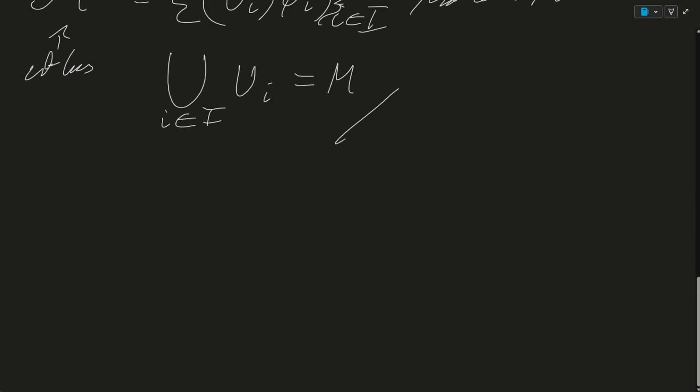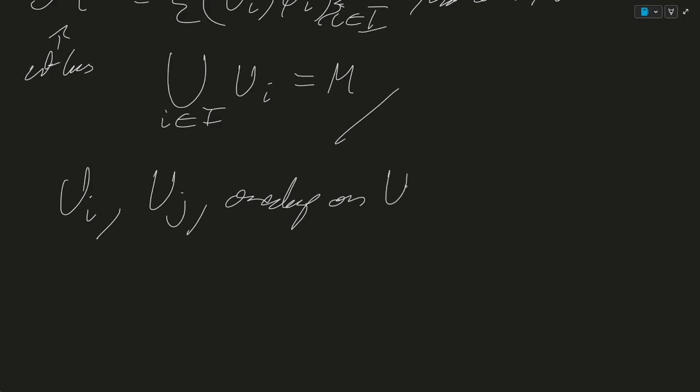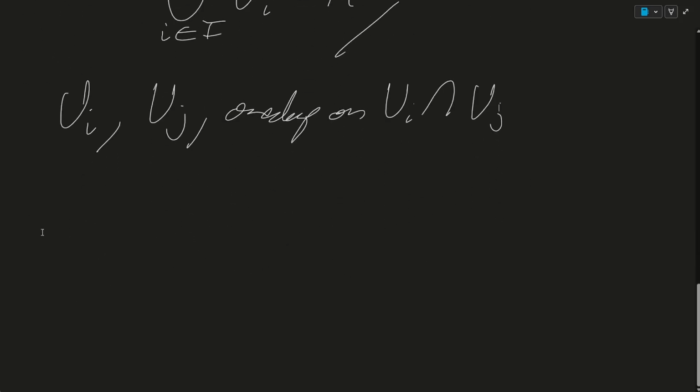Now, this is a really critical question that we're about to encounter in differential geometry. If two different observers construct coordinate charts, one of them Ui, one of them Uj, and these overlap on the intersection of Ui and Uj, how do we ensure that these two agree on physics?